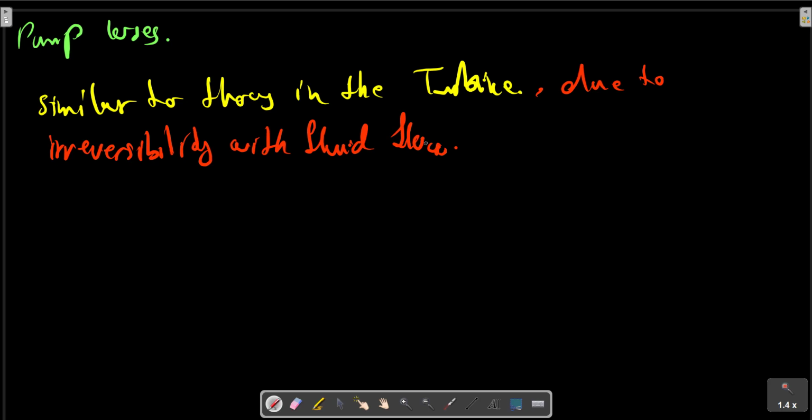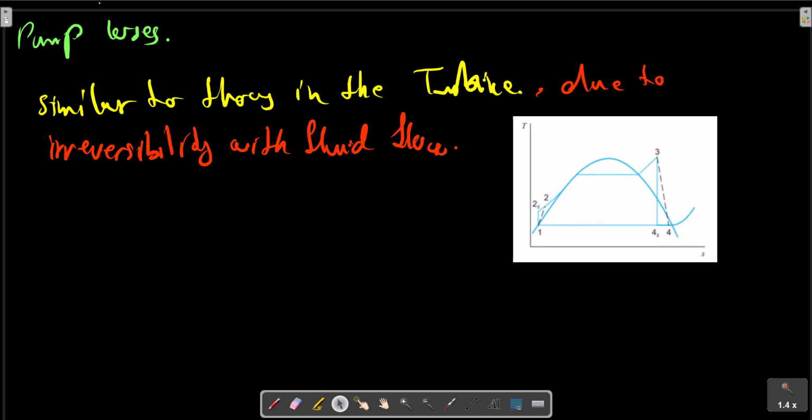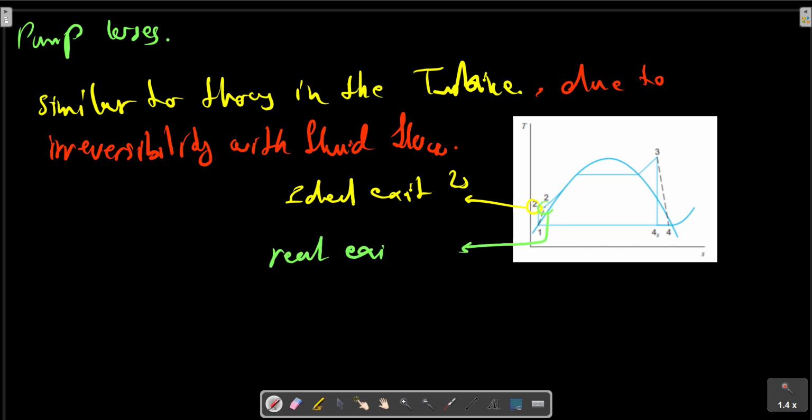Pump efficiency was discussed before, and the ideal exit is shown also in this picture for the pump: 2s is the ideal exit of the pump and 2 is the real exit.